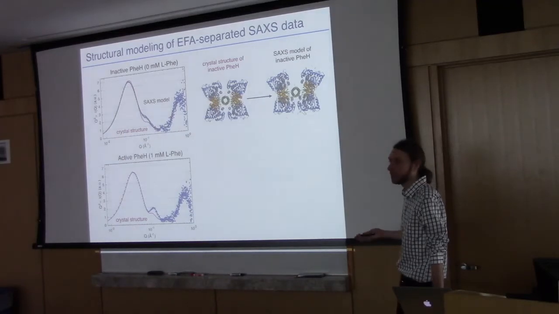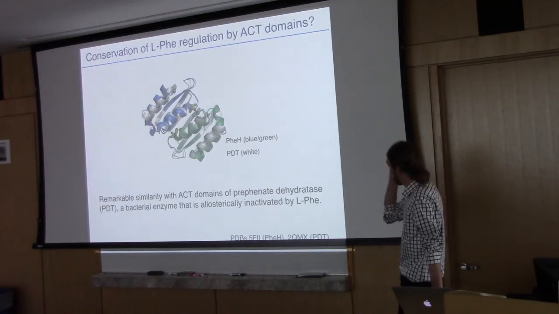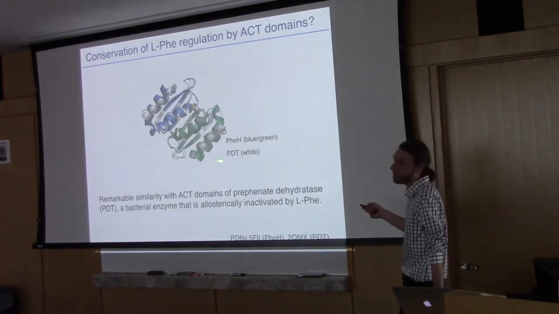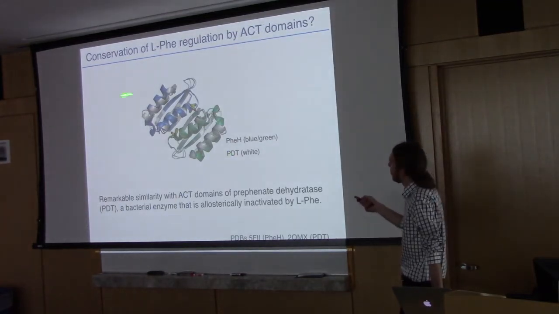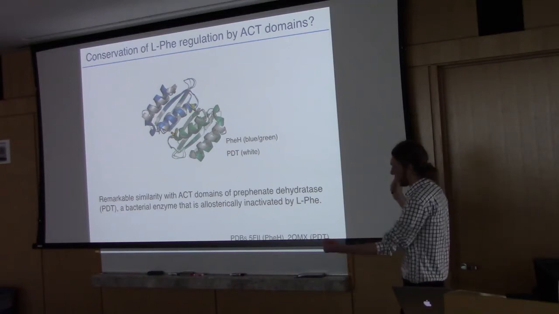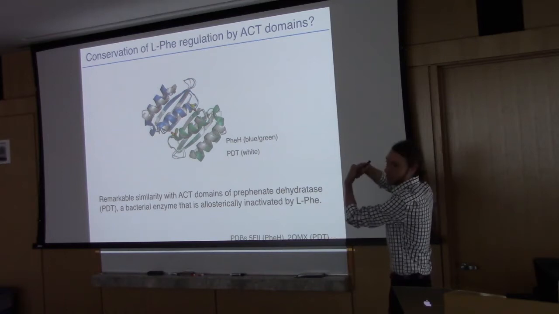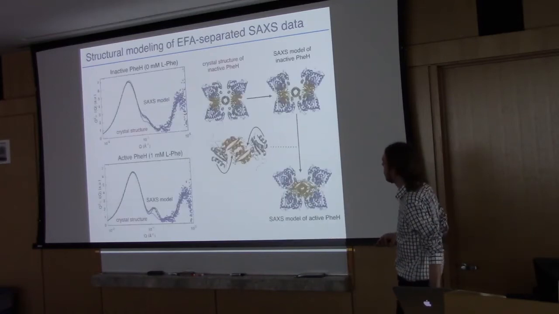Well, here we're bringing in knowledge that we had separately, which is that they knew from NMR of the truncated ACT domain that it forms a dimer like this in solution, which is very similar to the ACT domain dimer of an enzyme called prephenate dehydratase, which is a bacterial enzyme that's allosterically regulated by phenylalanine. So we could build a homology model in which the ACT domains from separate sides of the tetramer came together and formed dimers. And that's what's shown here.